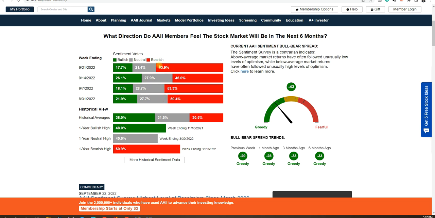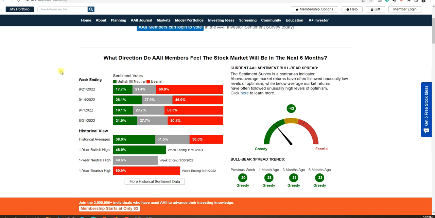And whenever we hit over 50 to 55, we are pretty close to the bottom. So we are slightly inclined to the long position now. I'm just waiting for more confirmation.